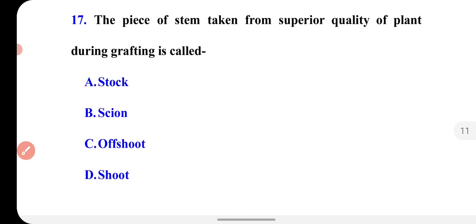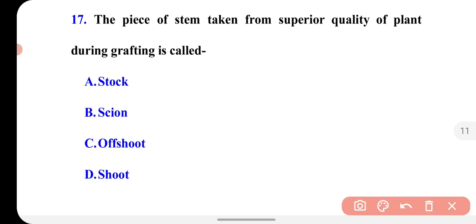Now the next question is, the piece of a stem taken from superior quality of plant during grafting is called. The options are stalk, scion, offshoot, shoot. You know that grafting is an artificial technique of vegetative propagation. Here we take the piece of stem of superior quality from one plant, and we join it to the stem of another previously rooted plant.